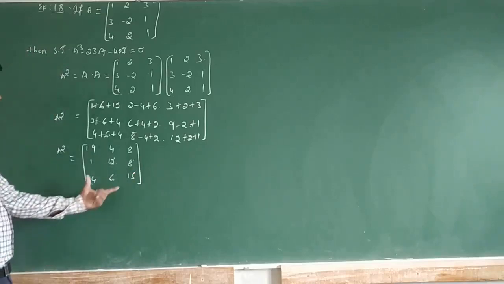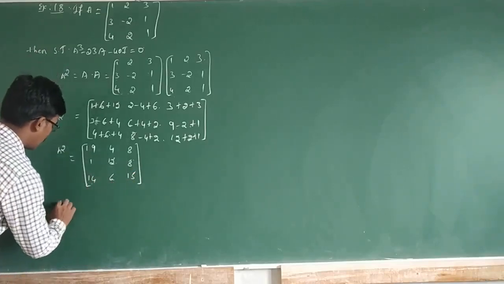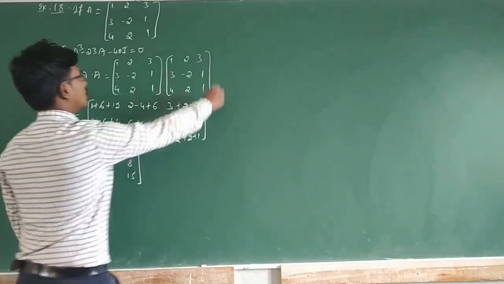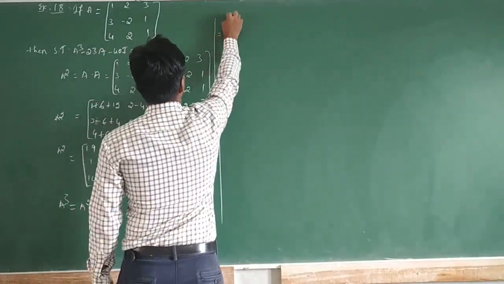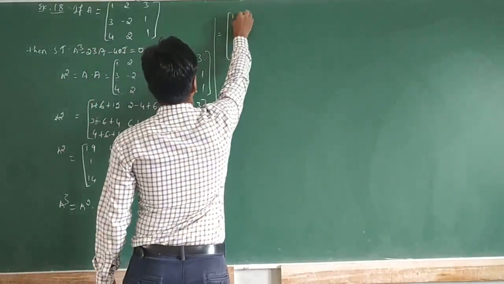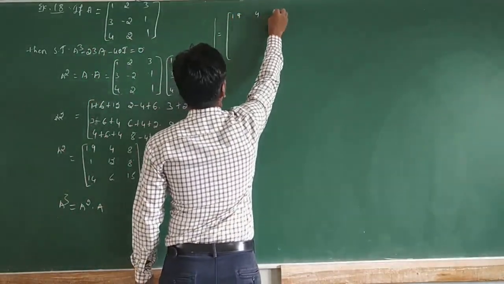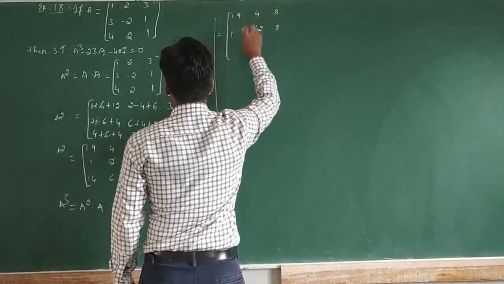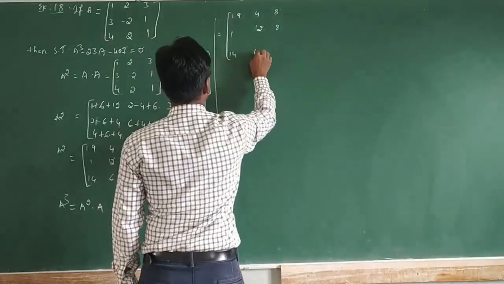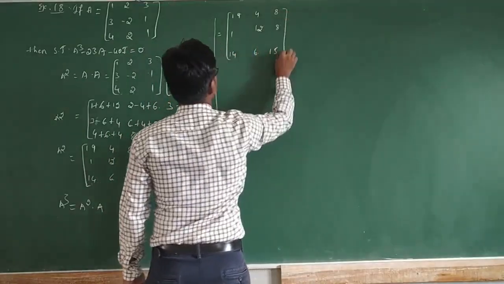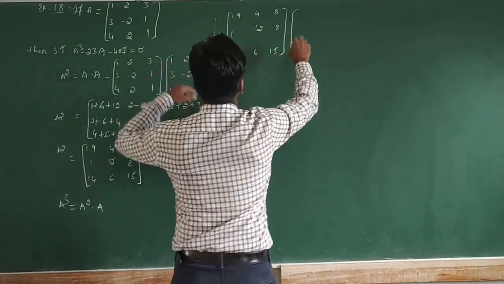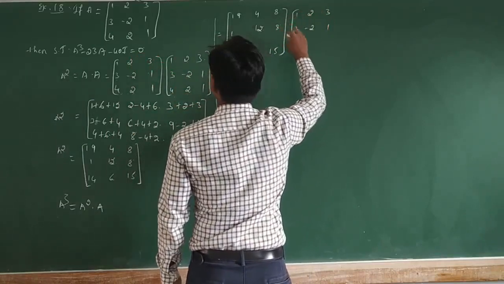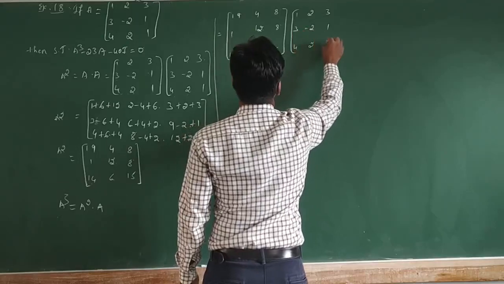We need A cube, so again we multiply A square by A. So A cube is equal to A square into A. A square matrix is 19, 4, 8, 1, 12, 8, 14, 6, 15, into matrix A, which is 1, 2, 3, 3, minus 2, 1, 4, 2, 1.